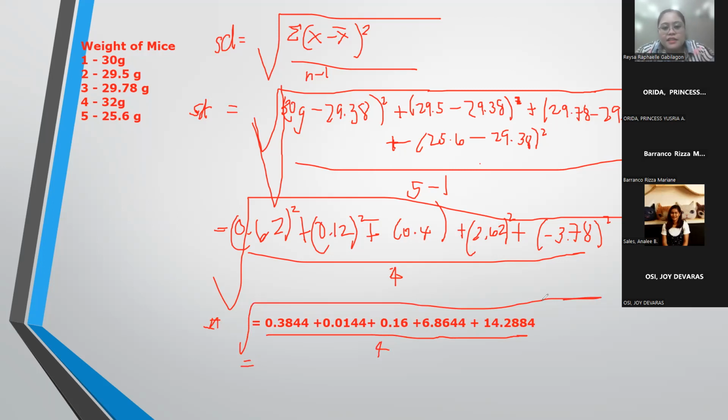Let's add 0.3844 plus 0.0144 plus 0.16 plus 6.8644 plus 14.2884. This is 21.7116, divided by 4.